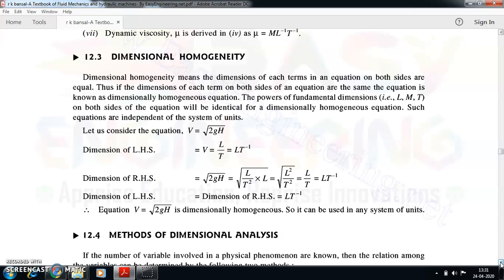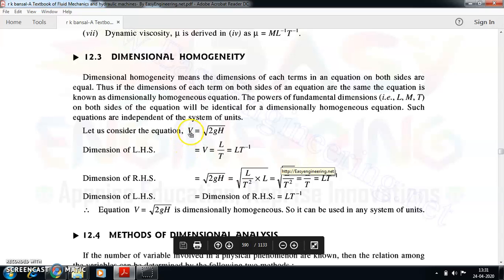It is nothing but an equation. If you take an equation, the left hand side of the equation will be equal to the right hand side with respect to the fundamental dimensions or the powers of fundamental dimensions. For example, let us take the equation for velocity, v equal to root of 2gh.